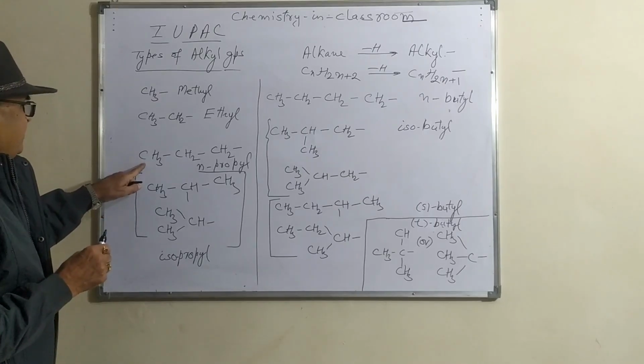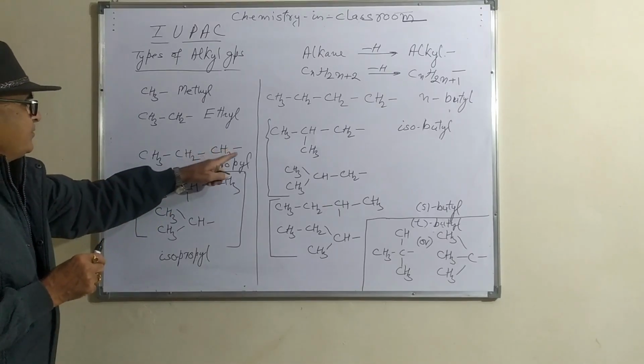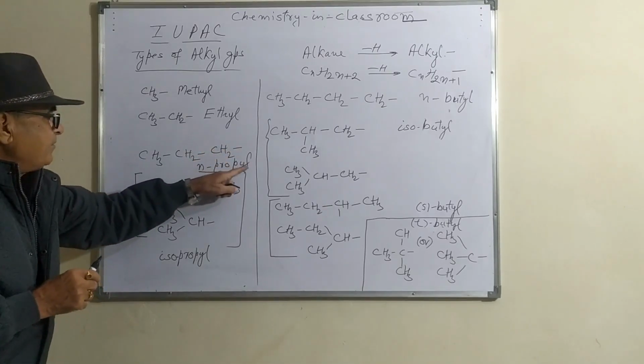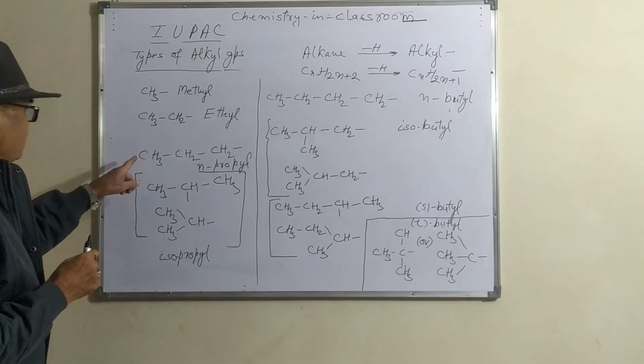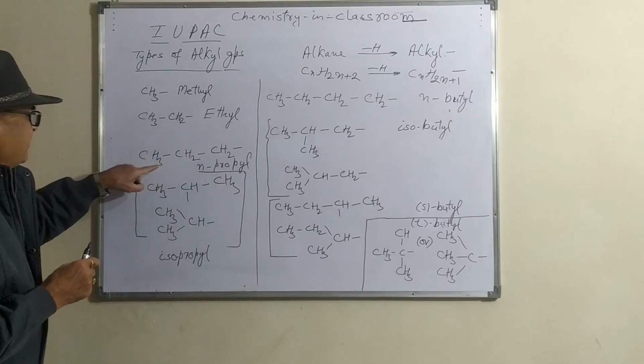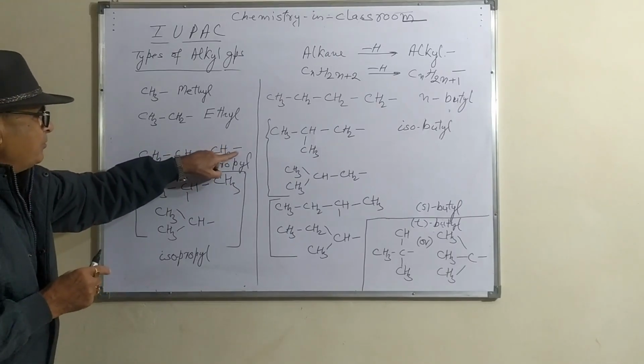Again CH3CH2CH2 is N-propyl. It is known as N-propyl because this is a chain of 3 carbon atoms.